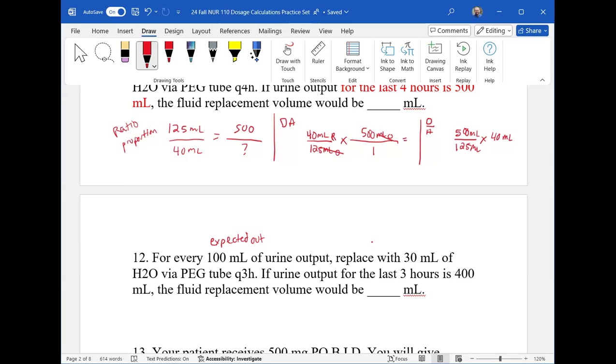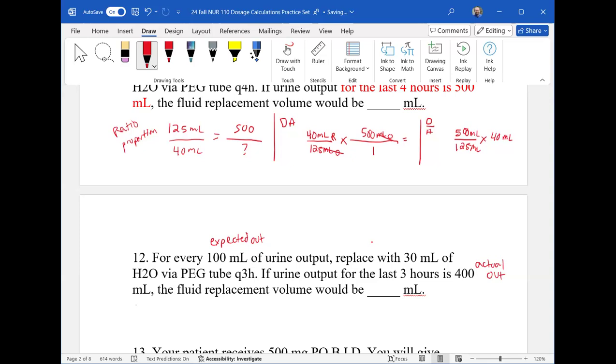It's your expected output. And then the next one where it says if urine output for the last 3 hours was 400 milliliters, this is your actual output. That's what they actually voided. And then this is my replacement, which I usually don't have to explain.